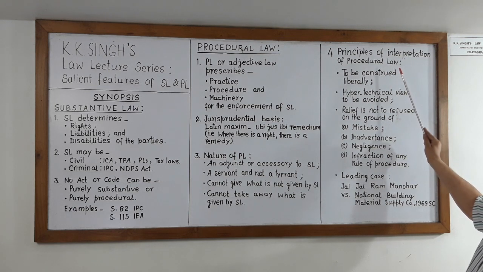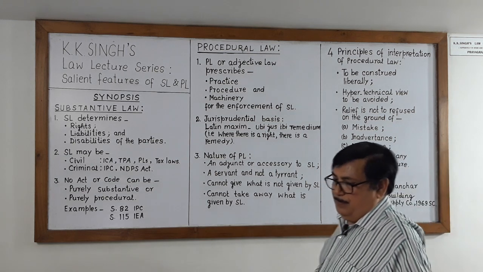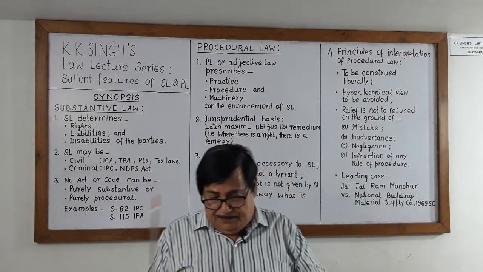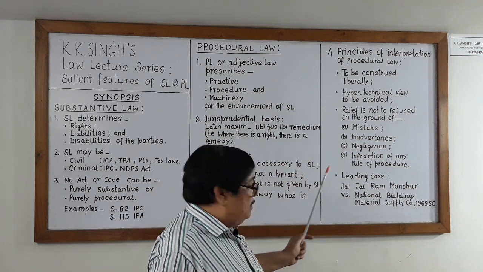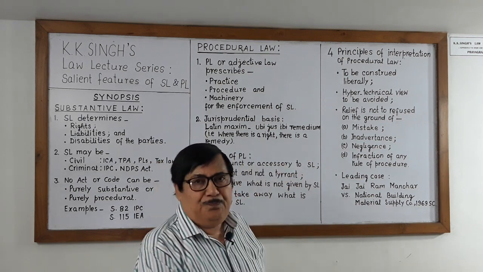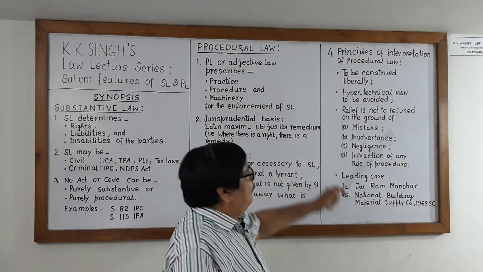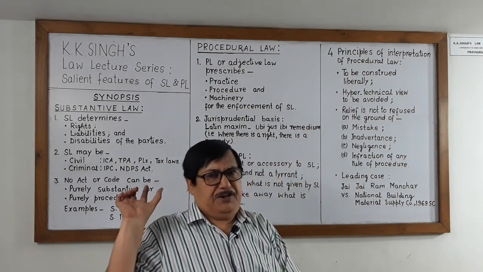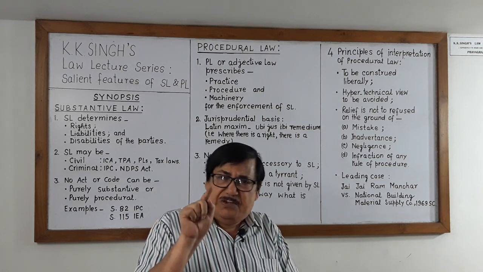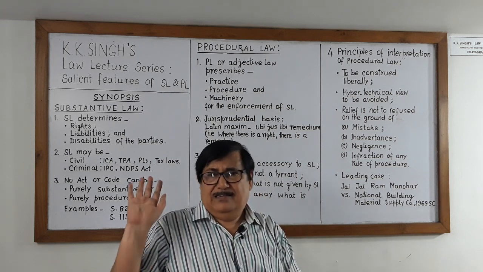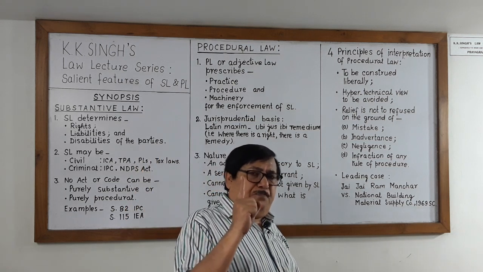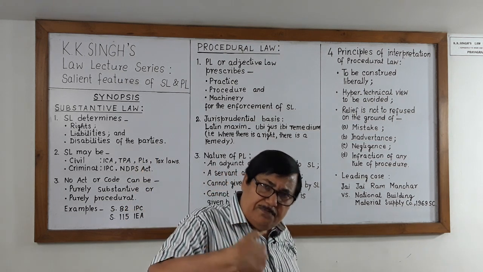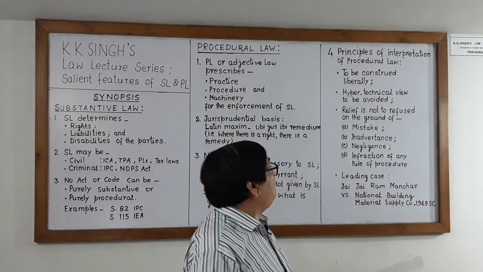Now, principles of interpretation relating to procedural law. While interpreting a procedural law, these rules are to be taken into consideration. First, any rule of procedure is to be interpreted liberally. It is to be construed liberally, not strictly.